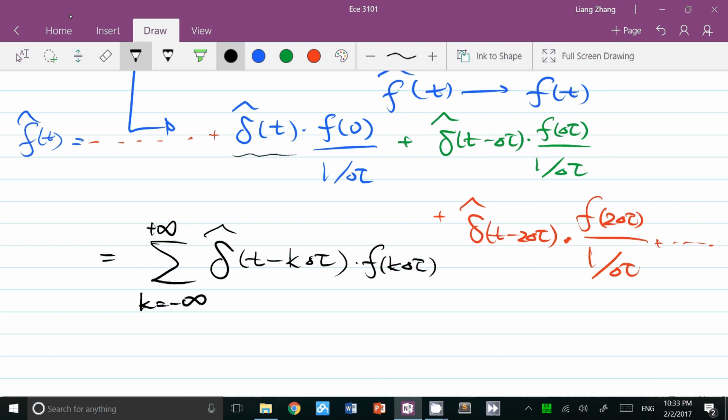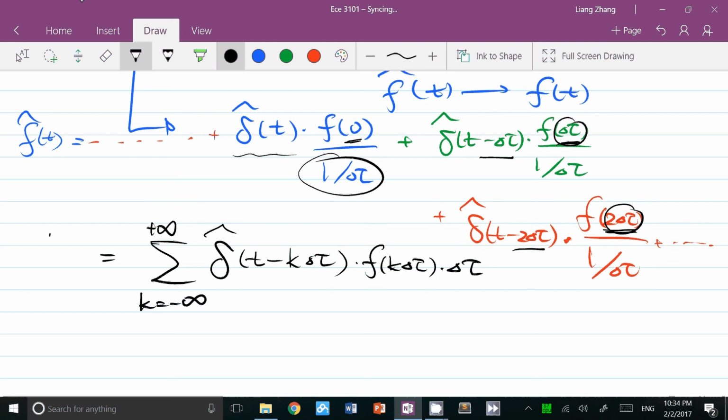So we evaluate at 0 delta tau, 1 delta tau, 2 delta tau, 3, 4, and so on. And if it's minus 1 delta tau, you have f of minus delta tau. Minus 2 delta tau, you have f of minus 2 delta tau. And lastly, don't forget this term needs to be taken care of. Since delta hat is 1 over delta tau tall, we simply multiply by delta tau.